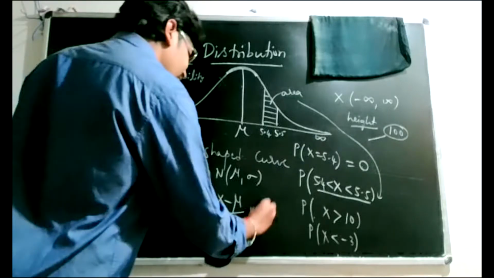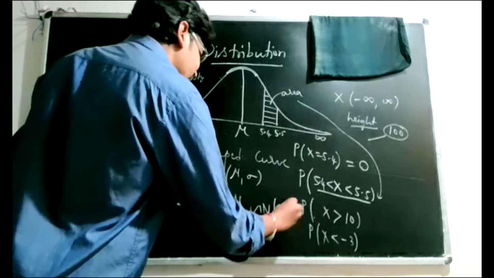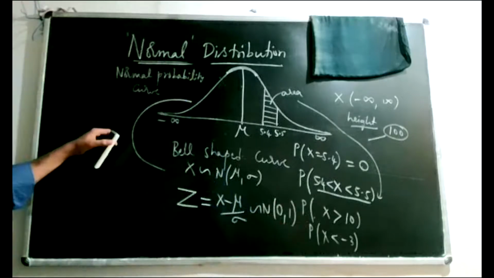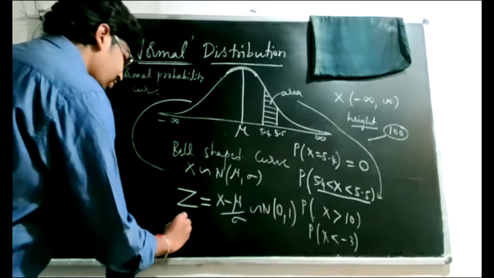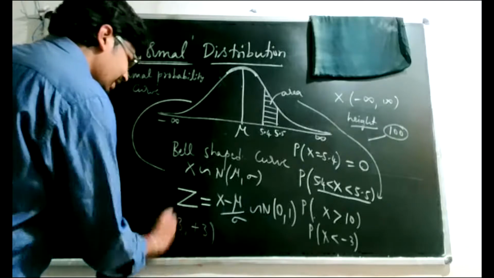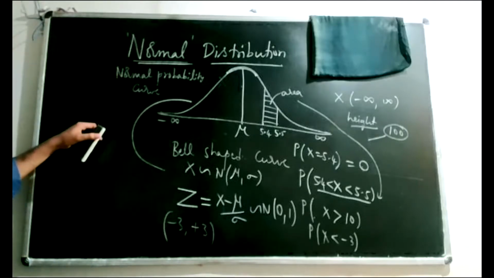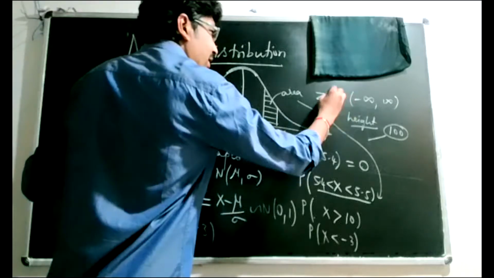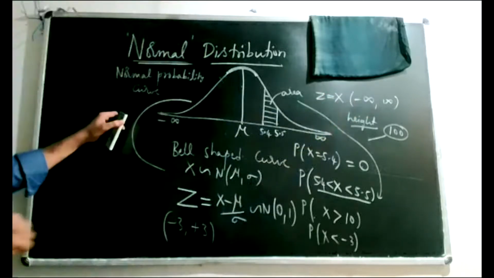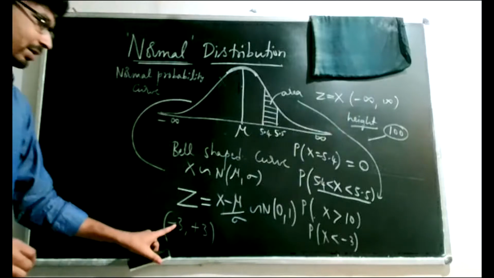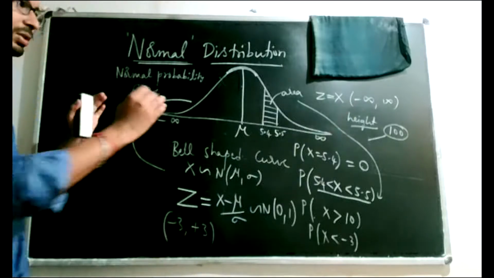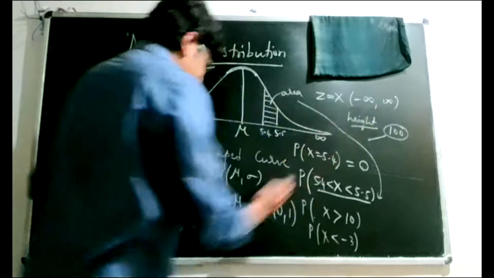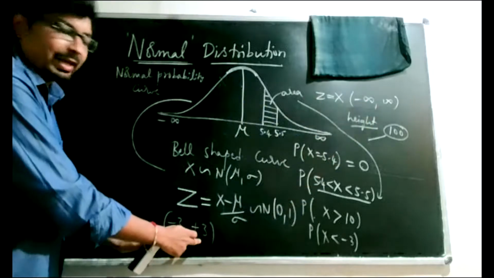That is also normal, but its mean is 0 and standard deviation is 1. In most practical cases, it takes values between minus 3 and plus 3, but theoretically the range is again between minus infinity and infinity. But we have reduced the span of possible values into a very small scale.